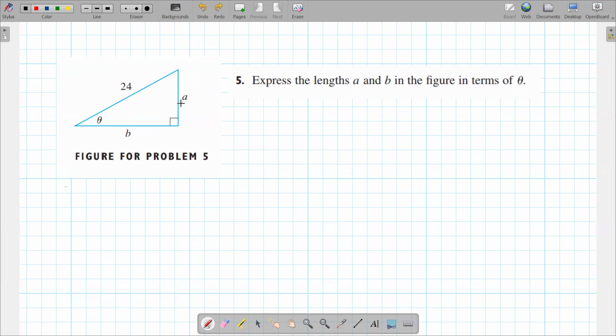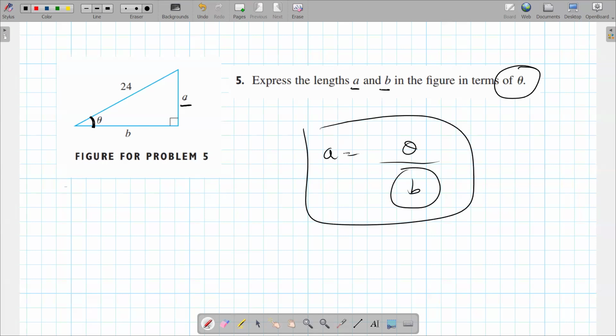So let's look at A. This is your reference angle. We can't write A in terms of B. If you look at the question, it says express the lengths A and B in terms of theta. So you can't have a B term in your A term.